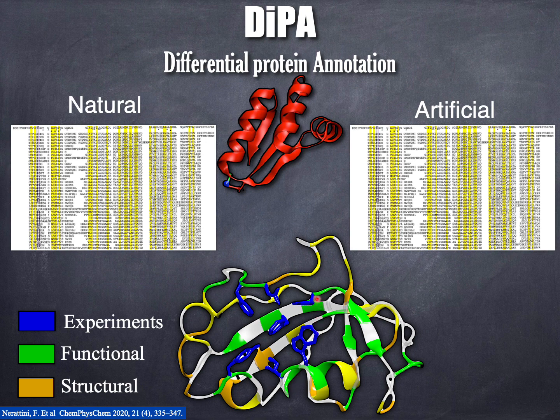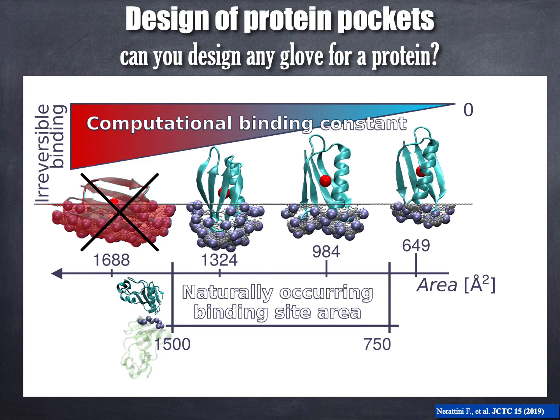So this was done just by comparing the artificial set of sequences with the natural one without any biological information about the protein. So I think it's a very interesting way to study the evolution even of proteins, because the set of sequences that are generated with the artificial protein design can be considered as an artificial representation of protein evolution.